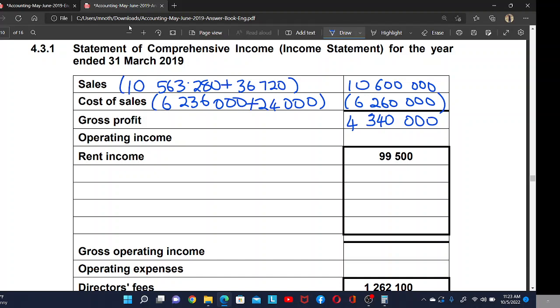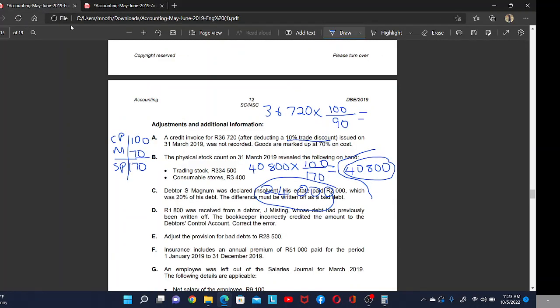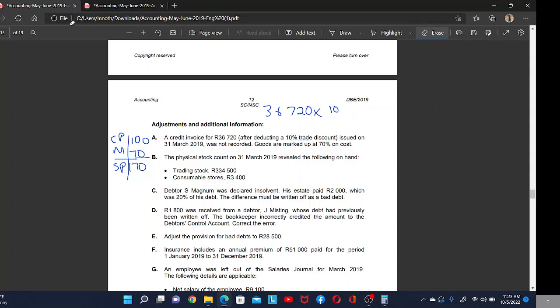Because to get the gross profit, you say sales minus cost of sales. Let's continue. Let me erase this first because now it's a mess.